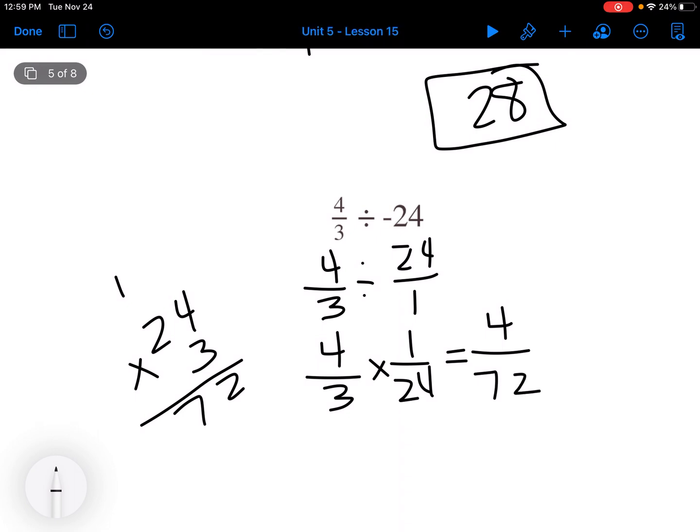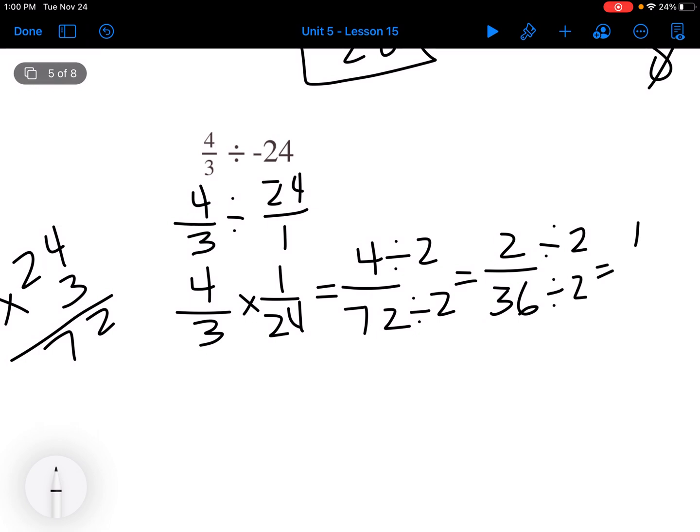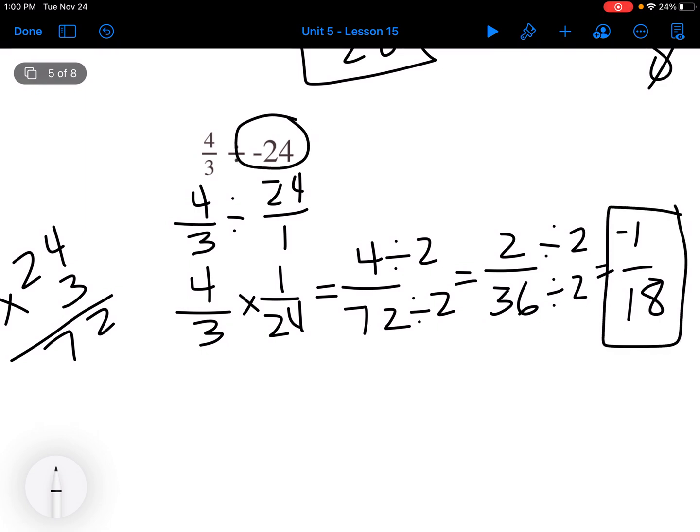So I'm going to reduce it. I'm going to divide by 2, and I get 2 over 36, which can then be reduced again to 1 over 18. Now I have one negative number, so my answer is going to be negative. So I have negative 1/18.